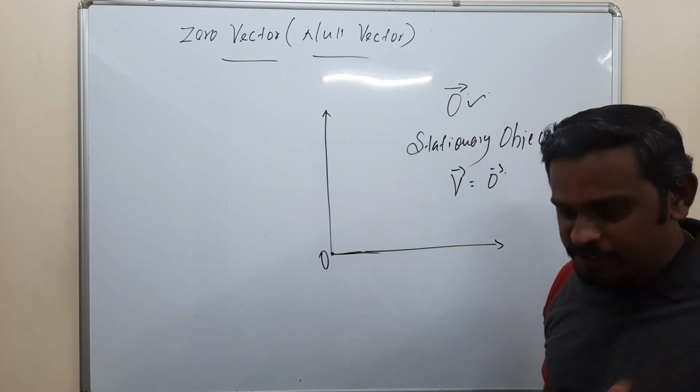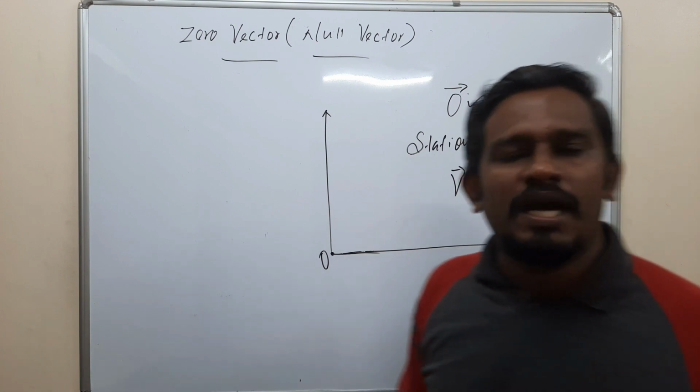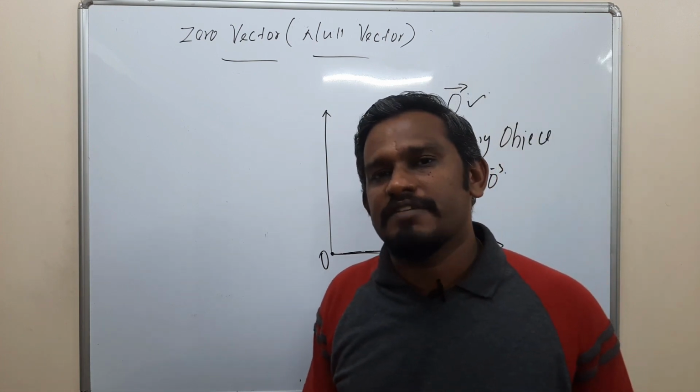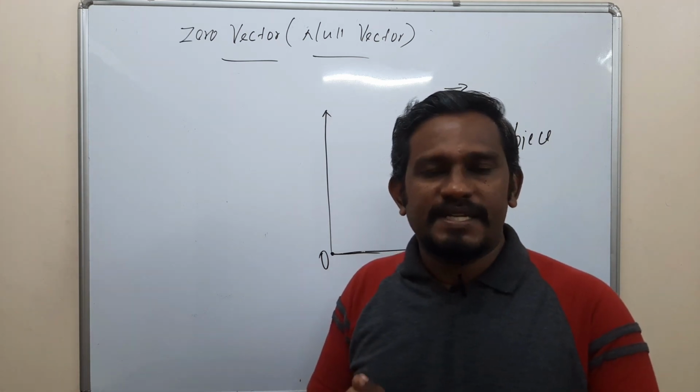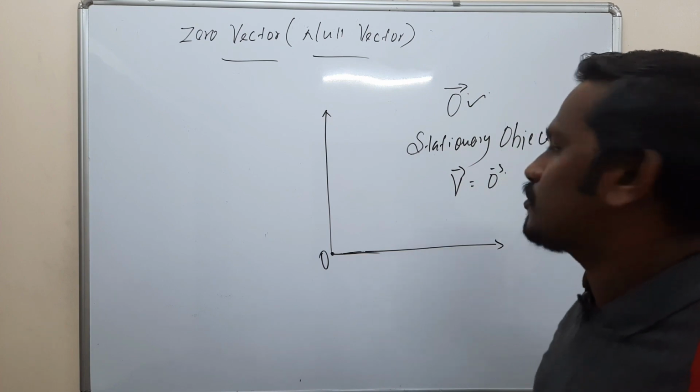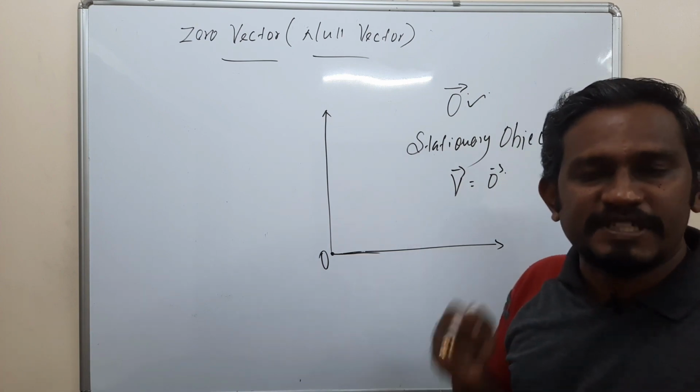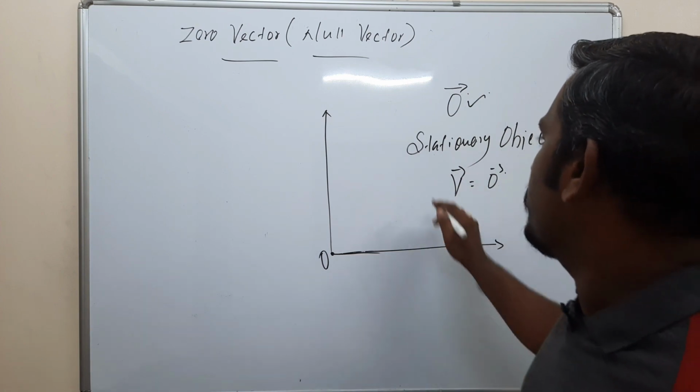The next example: an object is moving with a constant velocity. What about the acceleration? Acceleration is equal to 0. So the acceleration vector is a zero vector.